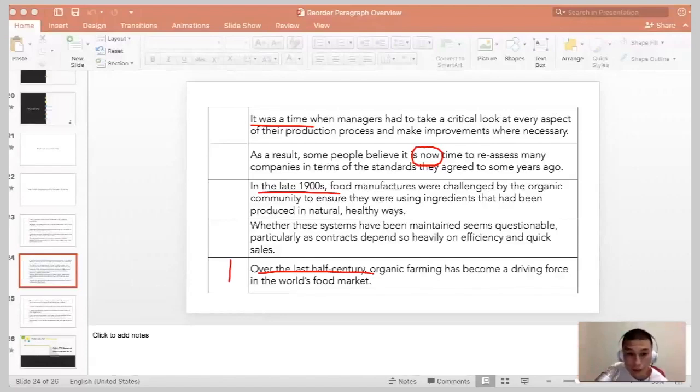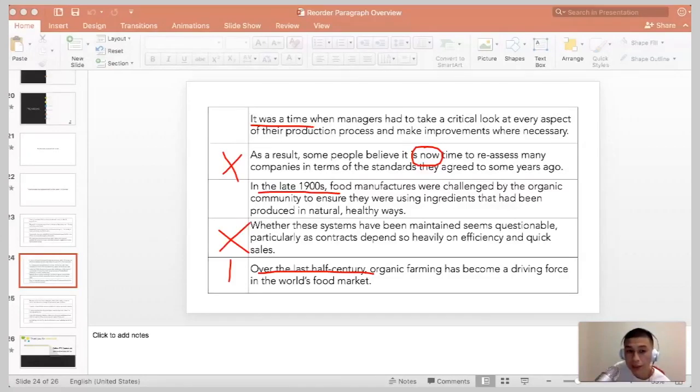Let's see whether these systems maintain. Nope, I don't see any reference to time. I didn't really read it. I just scanned through it really fast. Okay, so I would eliminate this as the next one. Okay, and I really like these two because it's directly referring to the time. This has no reference to time. I won't read this.